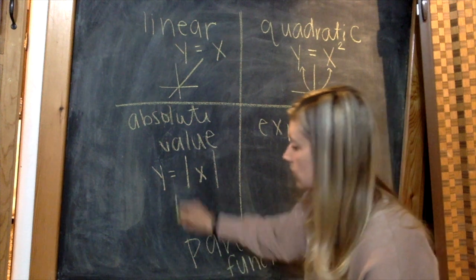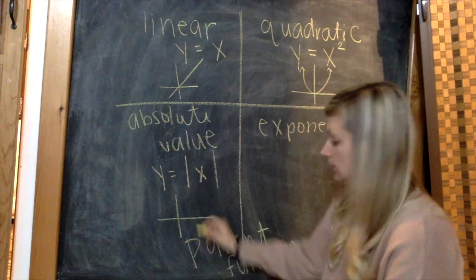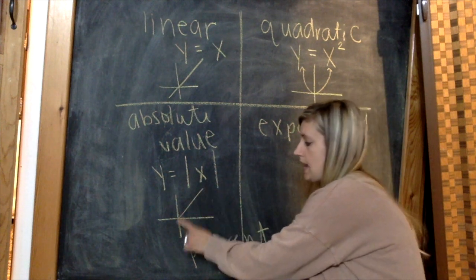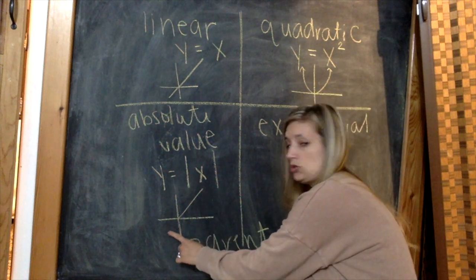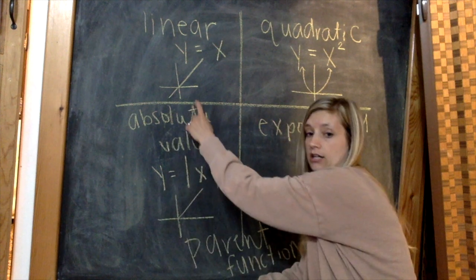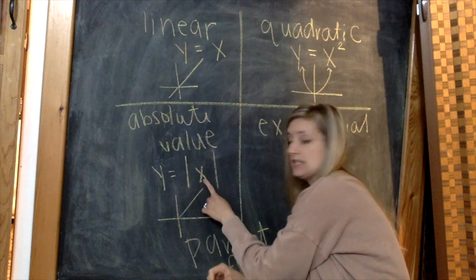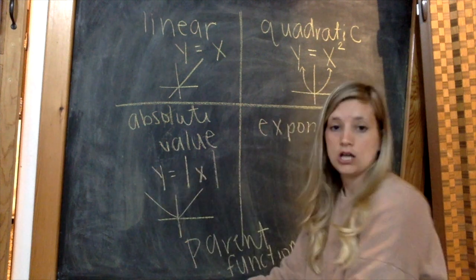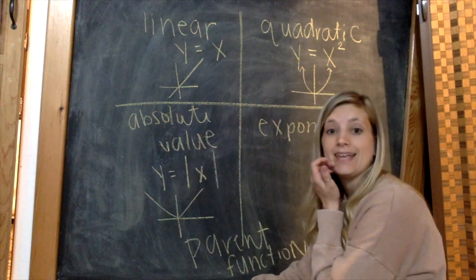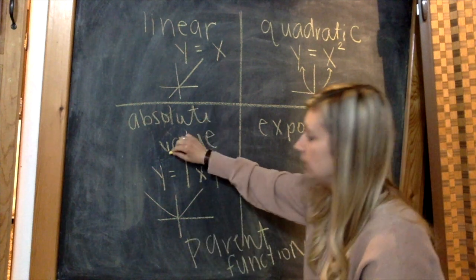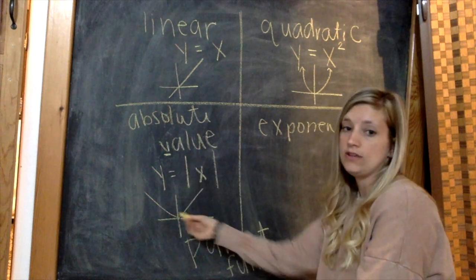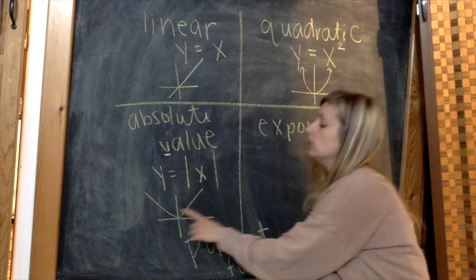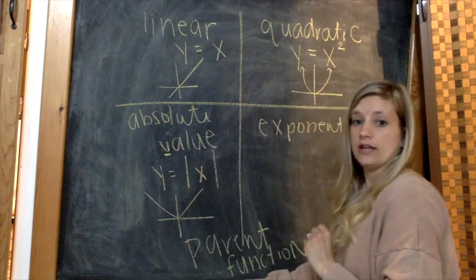So your graph goes here, and it's straight up, and right here, it's not going to continue down, because that would make it linear, but we just got done saying this was never going to shoot out a negative, so it's going to go up right there. So it's going to make like a V. Absolute value, V in value, V for the parent graph. That might help you. So absolute value: y is the absolute value of x.